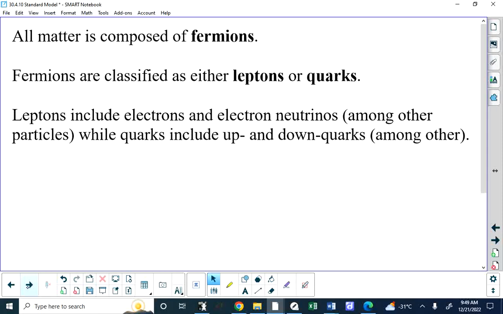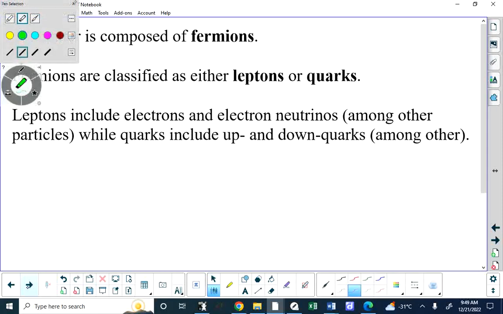So there's a class of fermions called leptons, and one example of a lepton is an electron. There's also an electron neutrino, which is a lepton. So both of these, the electron and the electron neutrino, are examples of leptons.